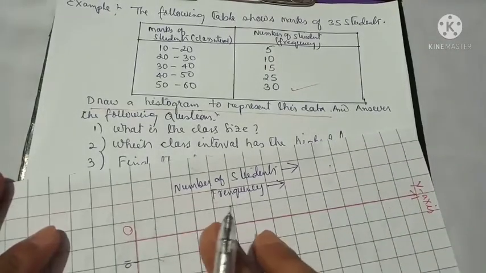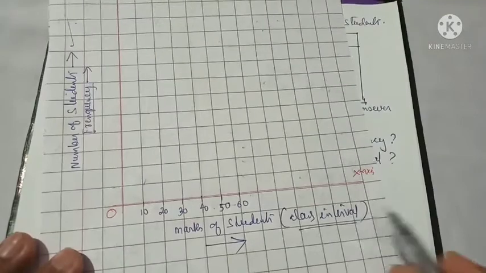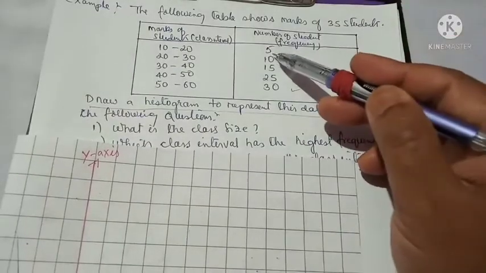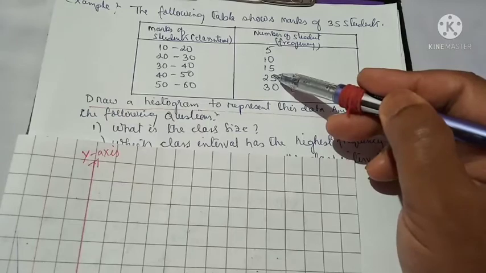Sorry, in the x-axis there should be the class interval, and the y-axis should be the frequency, the number of students. The frequencies are 5, 10, 15, 20, 25, 35.